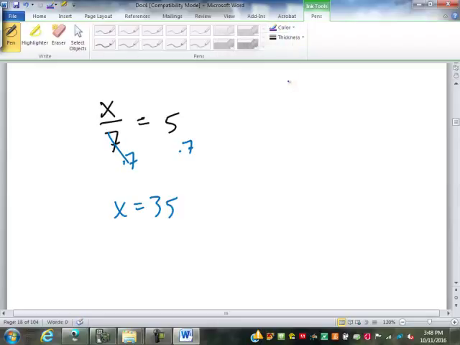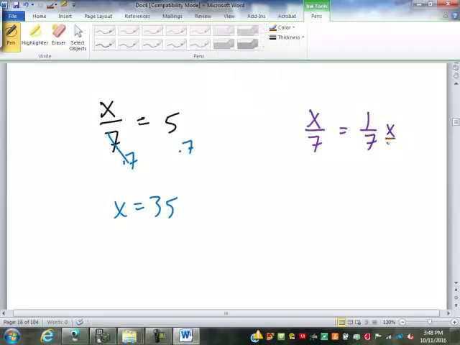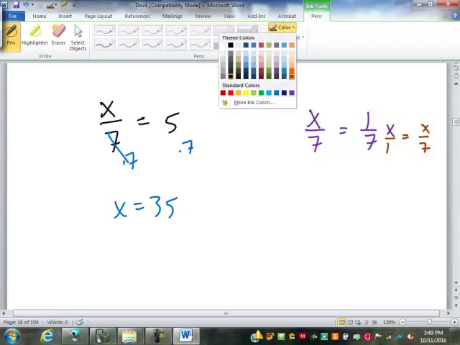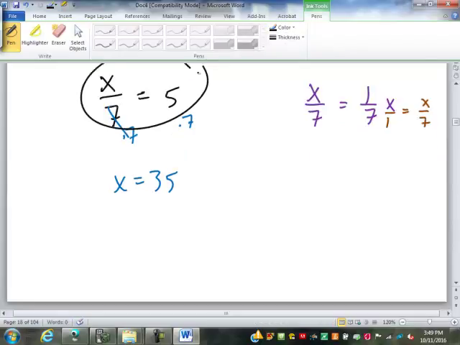But there will be some cases where that doesn't work. And what we can look at is x over 7 is equivalent to 1/7 times x. The thing about this is being x over 1, I multiply it out. 1 times x is x. 7 times 1 is 7. It is x over 7. For this problem, it's easy enough just to think of it as divided by 7, and that works just fine.